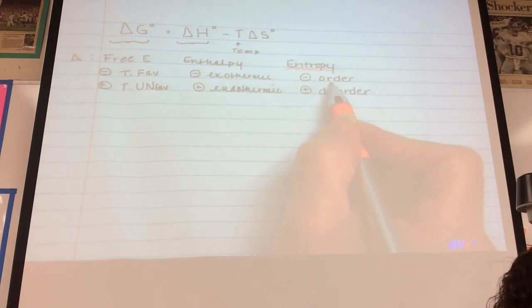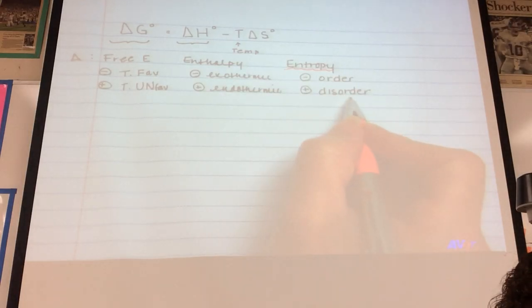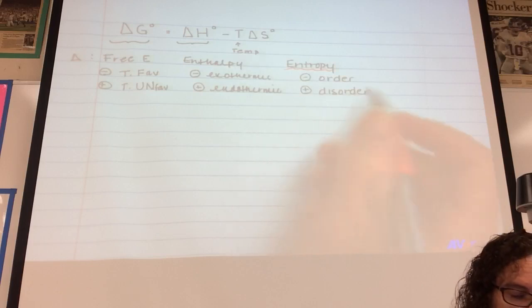We used that babysitting example: it's easier to babysit 2 kids than 3. With disorder, this would be, for example, solid to liquid or liquid to gas, where you're getting more disordered. Also, an increase in the number of moles of gaseous substances, so going from maybe 2 moles of gaseous reactant to 5 moles of gaseous product.